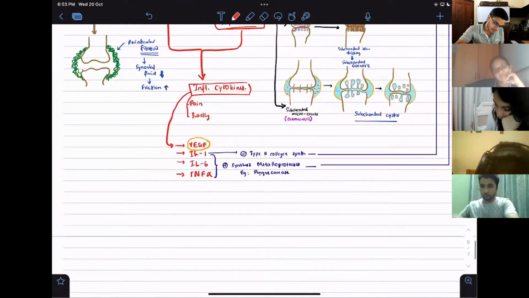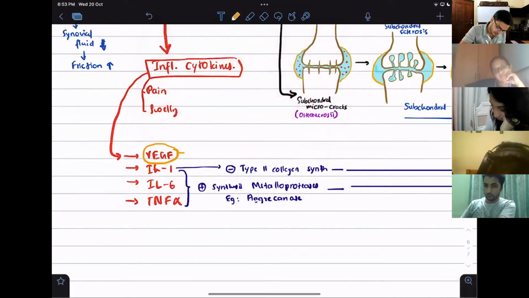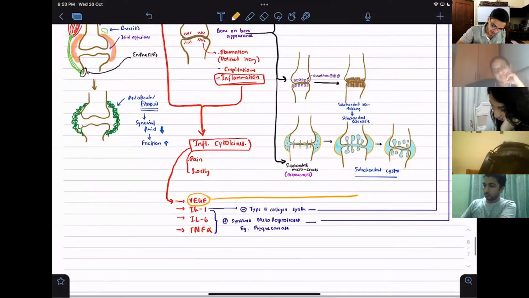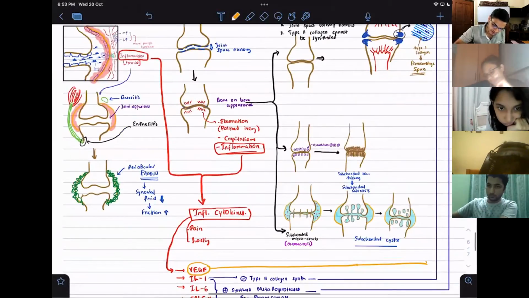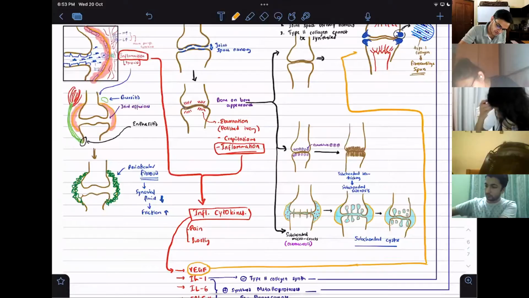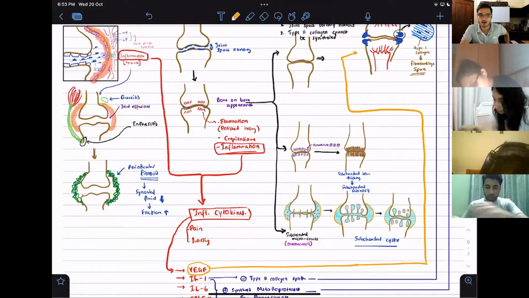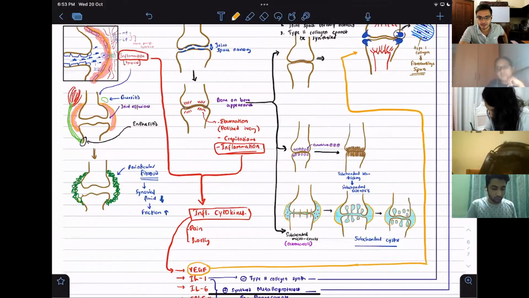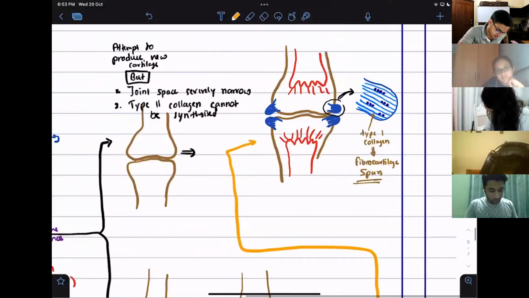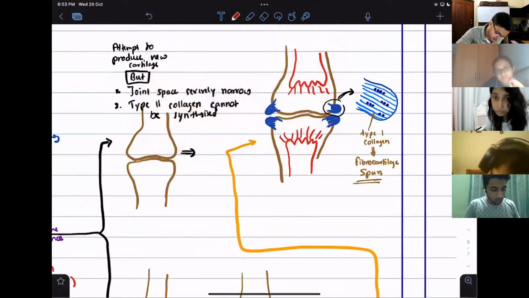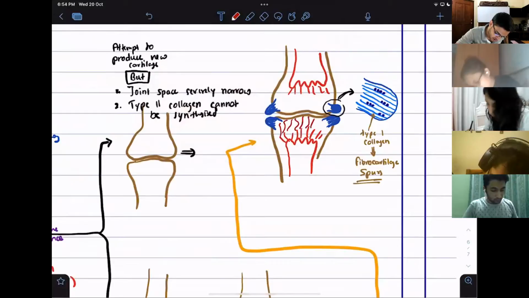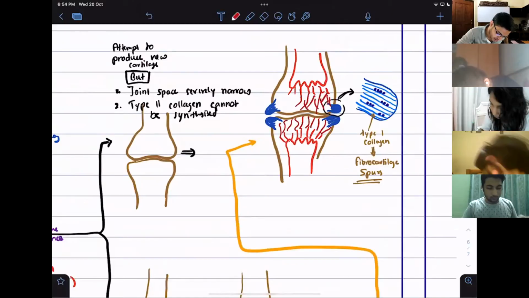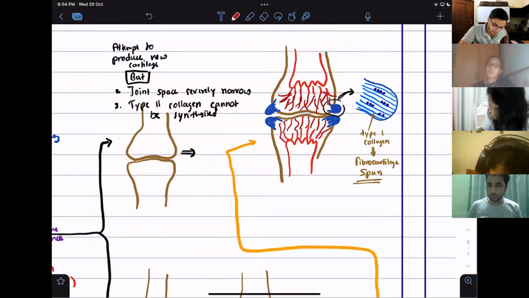But now what is happening? VEGF, vascular endothelial growth factor, comes here. You can draw another line there, all the way up here. It stimulates new vessel formation towards this subchondral region, neovascularization, angiogenesis.